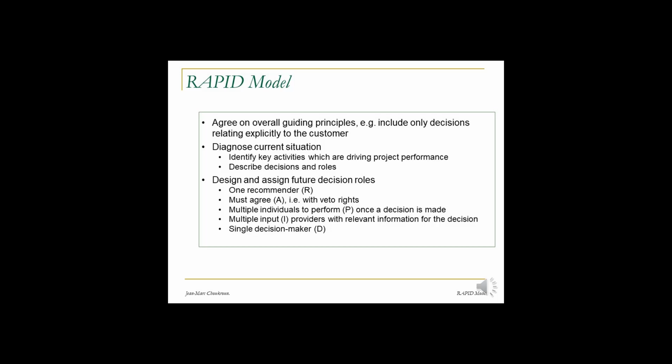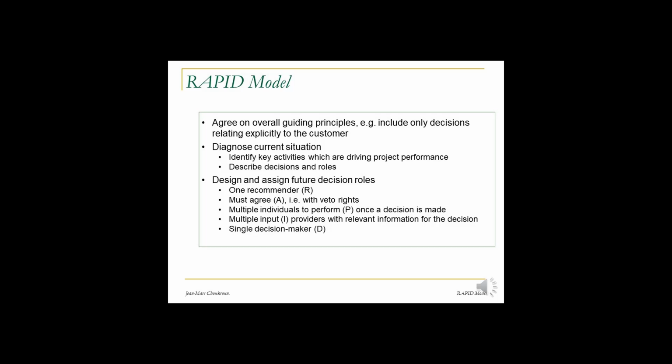So the RAPID model is essentially based on four decision roles, and that's the acronym RAPID. There's a recommender, that's the R. There is a must agree, A. So the A here is somebody who has veto rights.